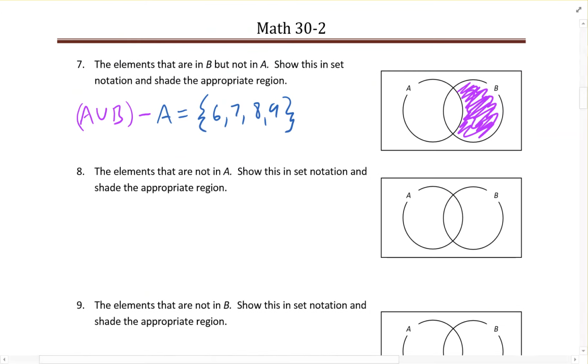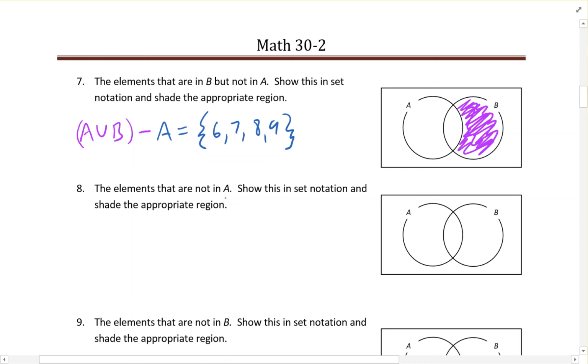Okay, now 8 says the elements that are not in A. So not in A is going to look like just everything other than A. That's everything in my universal set and everything in this only-B part over here, right? So it's all of that. That's the shaded area we're talking about here.